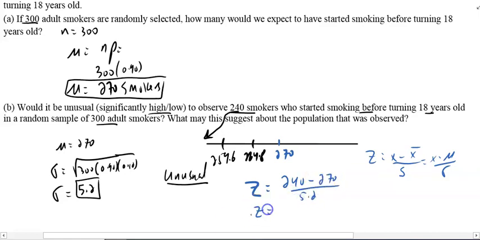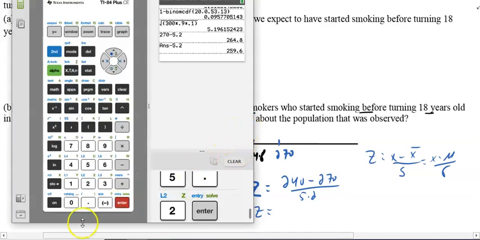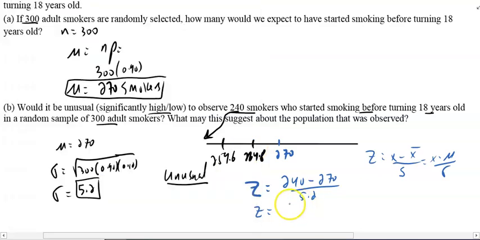If I plug that in my calculator, what do I get? If I take parentheses 240 minus 270 divided by 5.2, negative 5.8 standard deviations. Heck, that is really unusual. And that's pretty much it for this section.